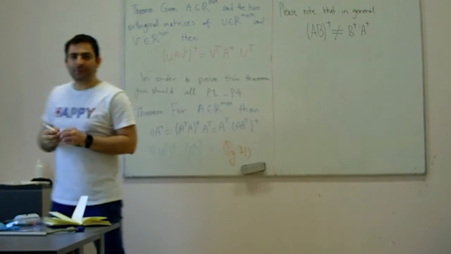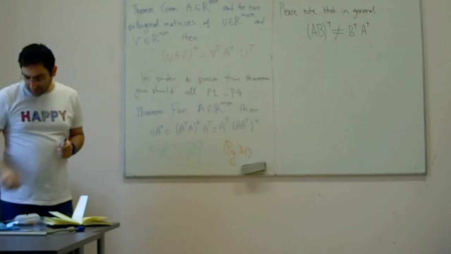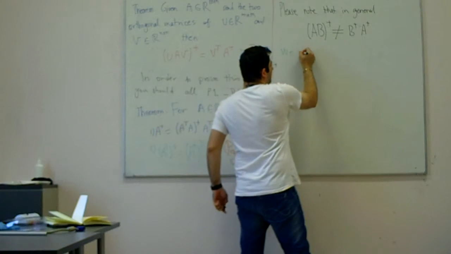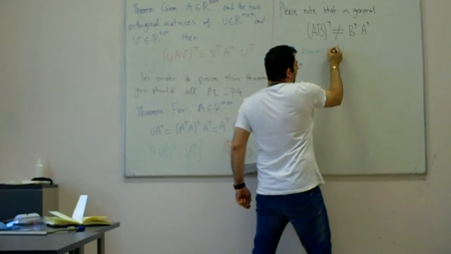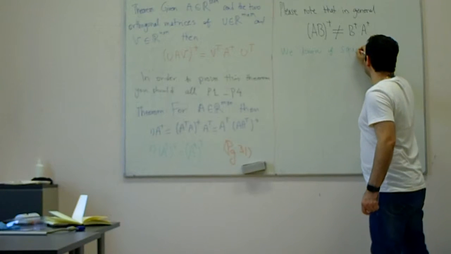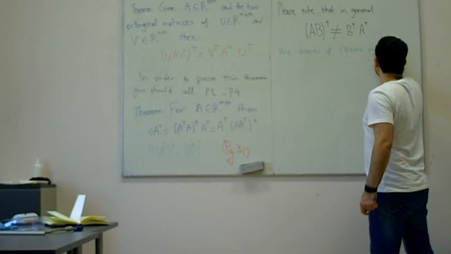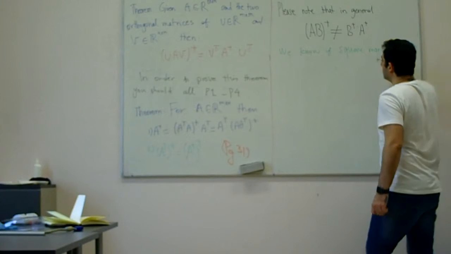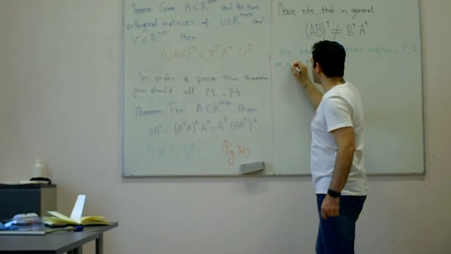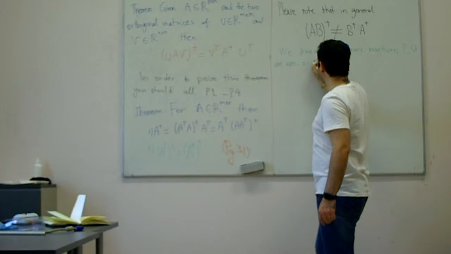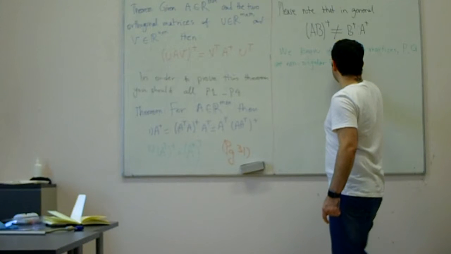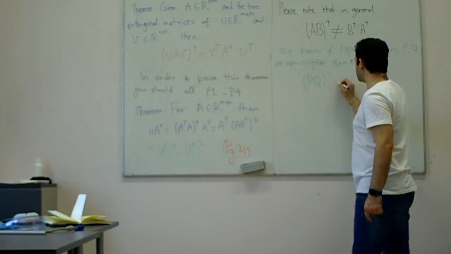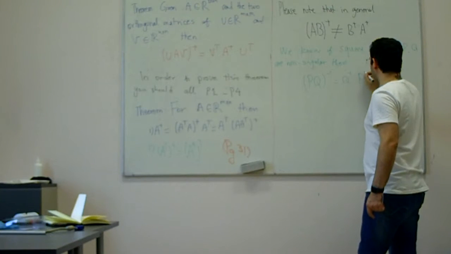We know that if we have the inverse of the matrices, if square matrices P and Q are non-singular, then (PQ) inverse is Q inverse multiplied by P inverse.